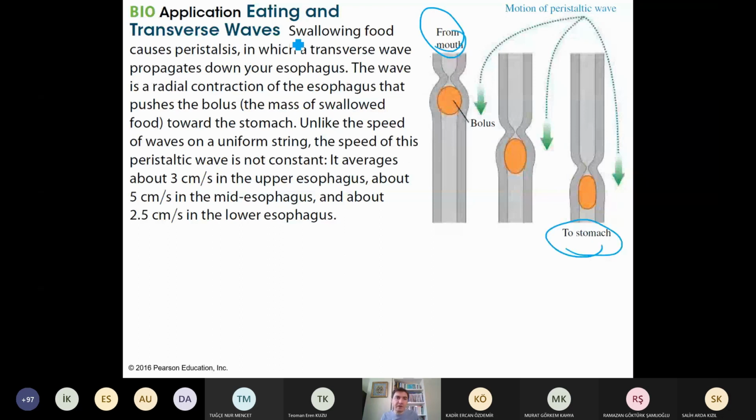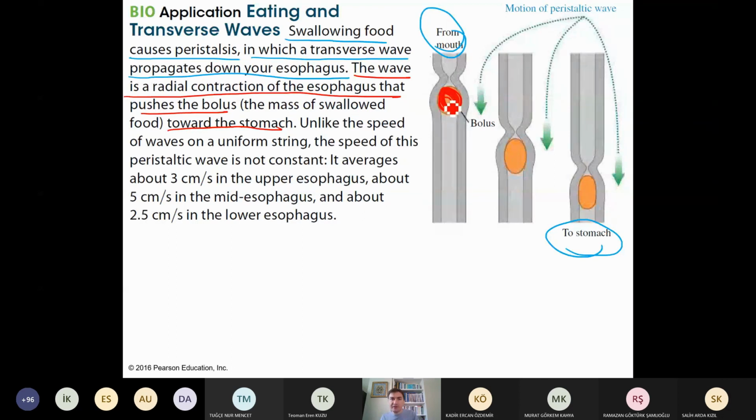Swallowing food causes peristalsis, in which a transverse wave propagates down your esophagus. The wave is a radial contraction of the esophagus that pushes the bolus toward the stomach. So here there is a bolus, food, okay?